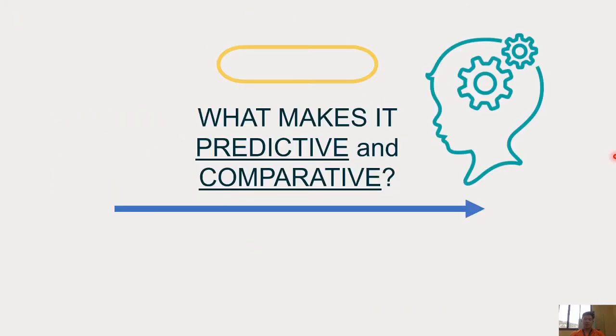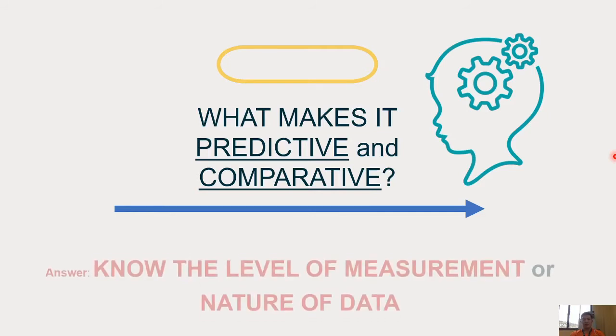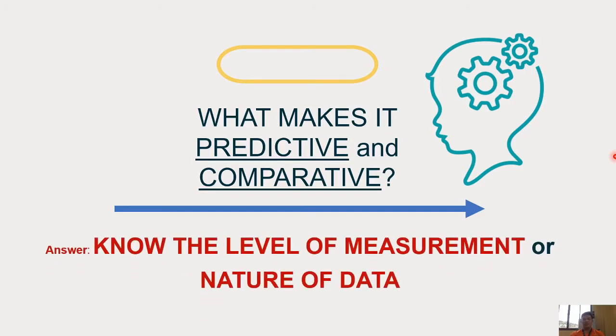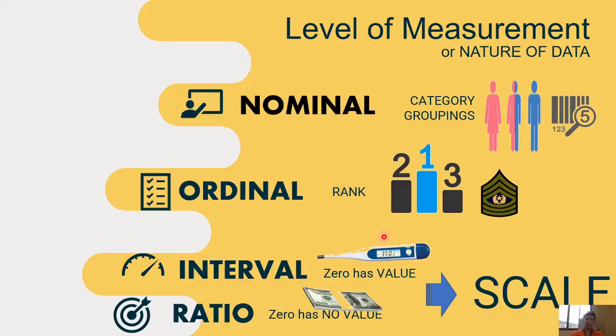Somehow it is a little bit confusing what makes a research scenario predictive and what makes it comparative. To give us an answer, we have to know the level of measurement or nature of data. A researcher must familiarize himself or herself with the levels of measurement, which are nominal, ordinal, interval, and ratio.